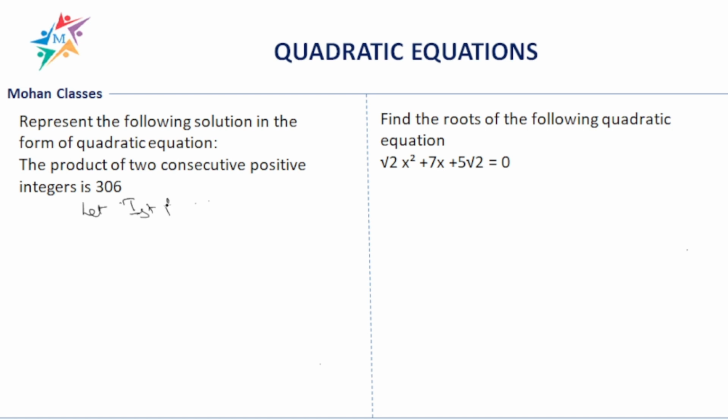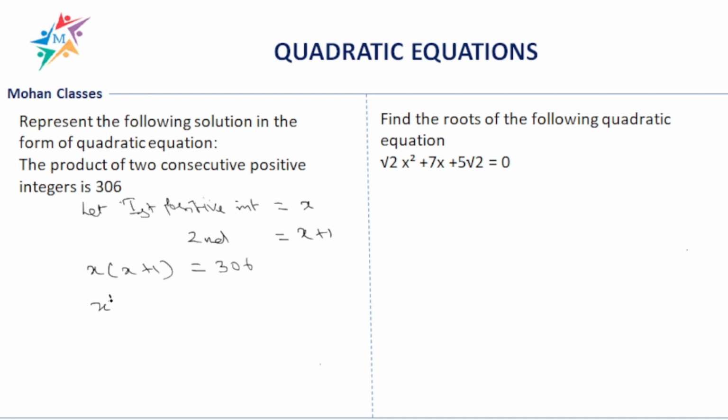What about the second one? The second one will be x plus 1. Product, so that means x into x plus 1 is equal to 306. This is the condition, right? Product of the two positive integers.